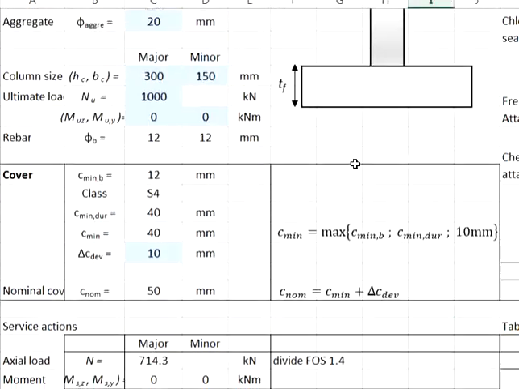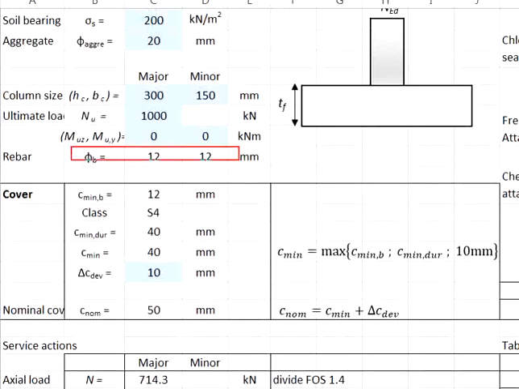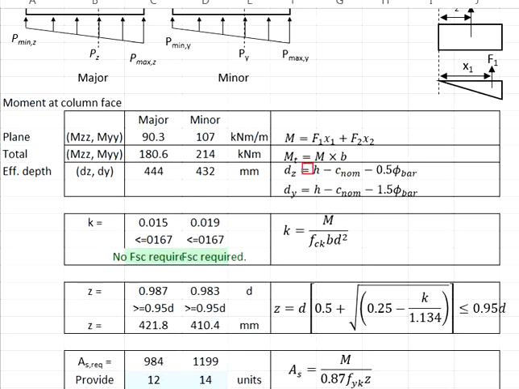As for the bar size, the intended bar size is 12 mm diameter. Take the thickness 500 minus 50 minus half of the 12 mm. That gives you 444 mm.